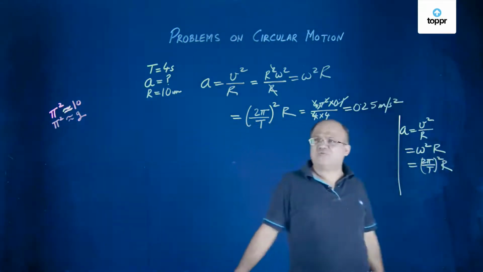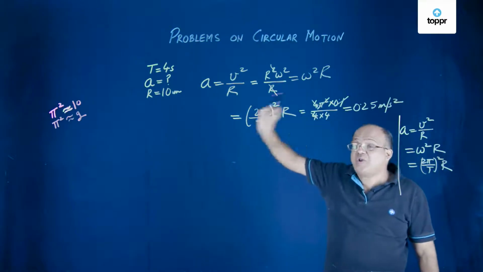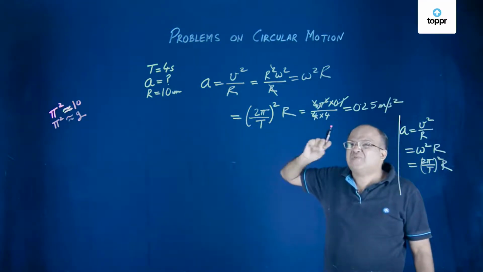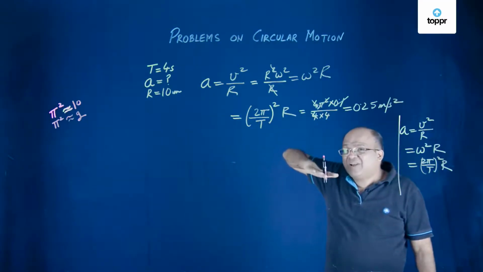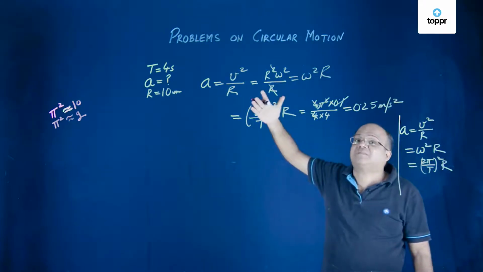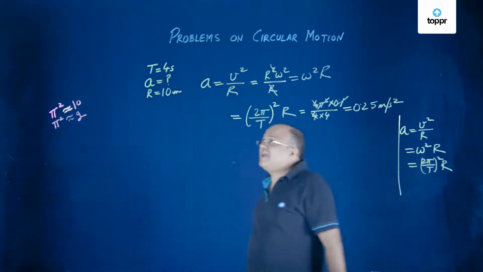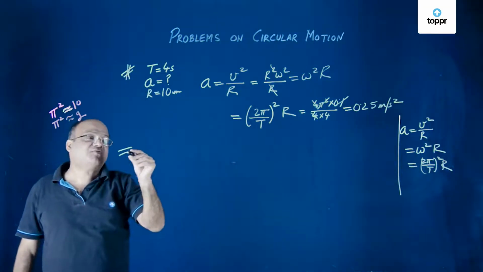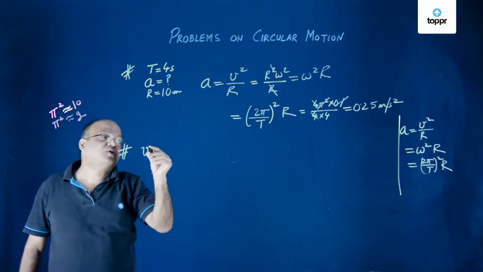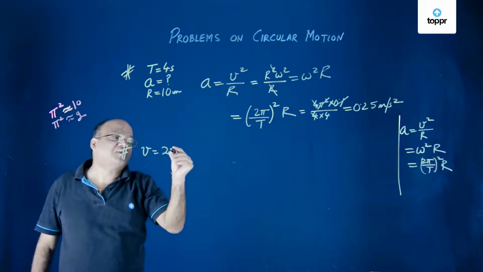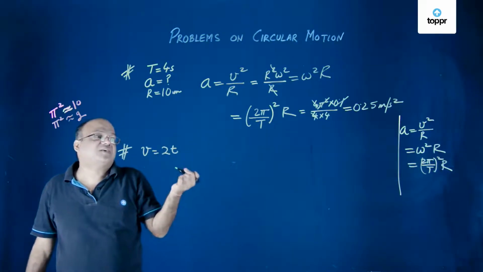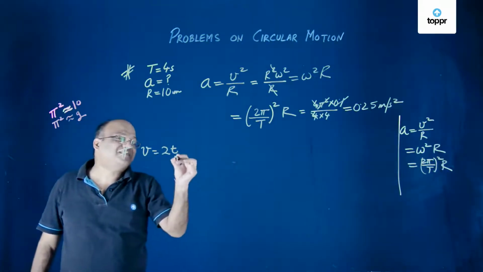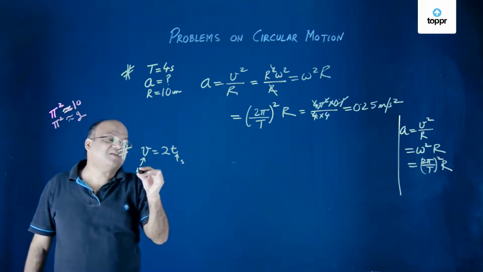Now let us solve one problem on non-uniform circular motion where velocity will be changing with time. In this next question, v is a function of time and v equal to 2t. Whatever is the time, velocity is 2t. T will be in seconds, v is in meter per second.